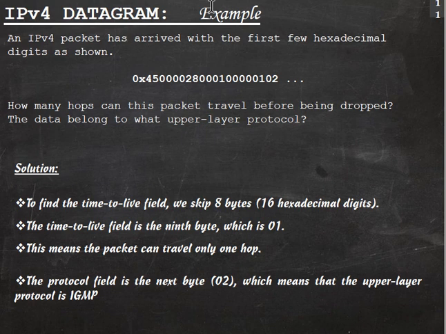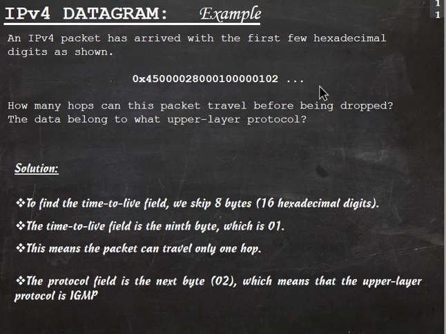The second question asked here is which upper layer protocol the data belongs to. The next field, as I said, 02, is going to indicate the protocol. The internet authority has assigned a code for each protocol.